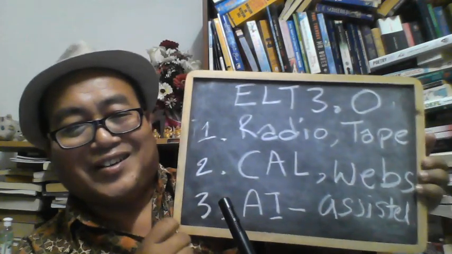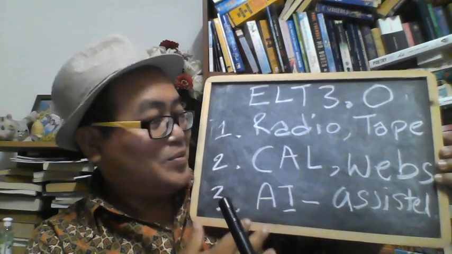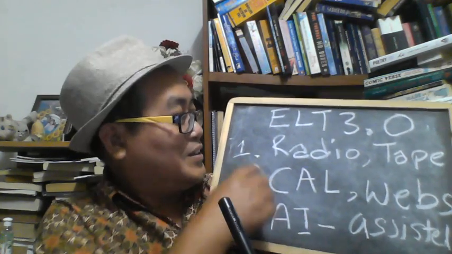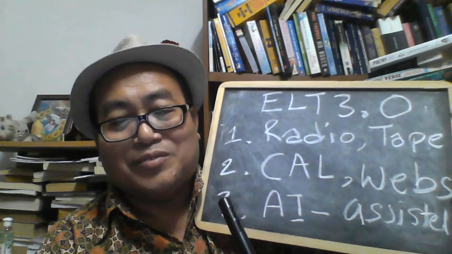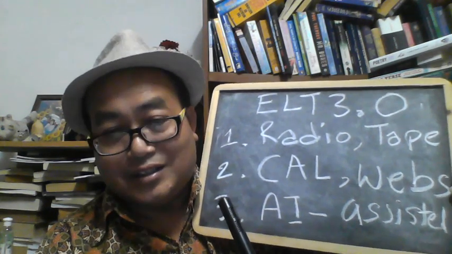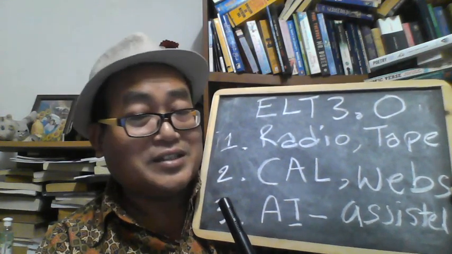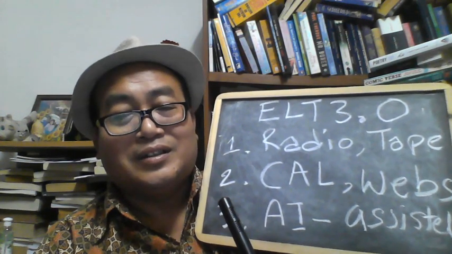The first one is ELT 1.0. This is the 1.0 technology where we used the blackboard. When we use radio, I remember that when I was young, I learned the English language by listening to the radio.